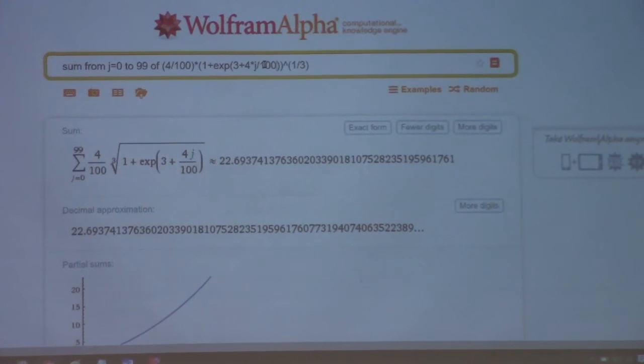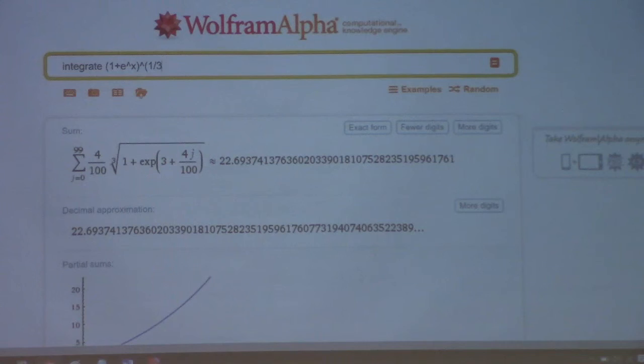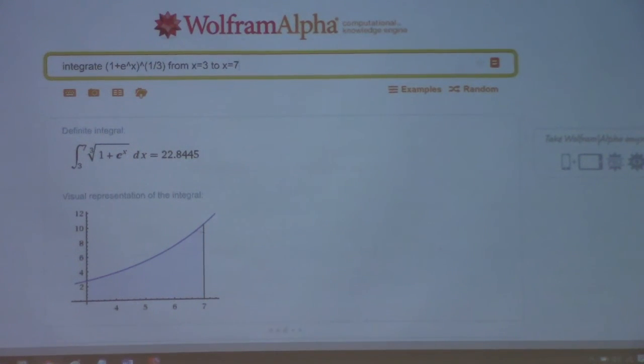Now, what happens if we just say integrate the cube root of 1 plus e to the x, from x equals 3 to x equals 7? 22.84. So we're getting closer to the answer as we go on.